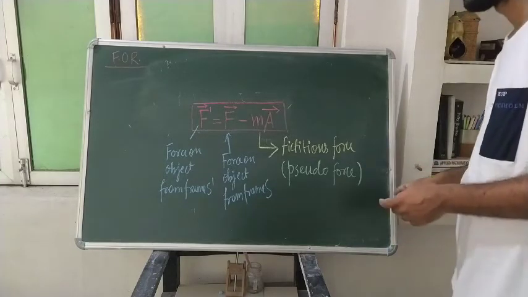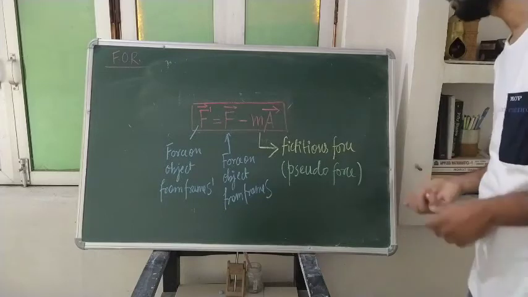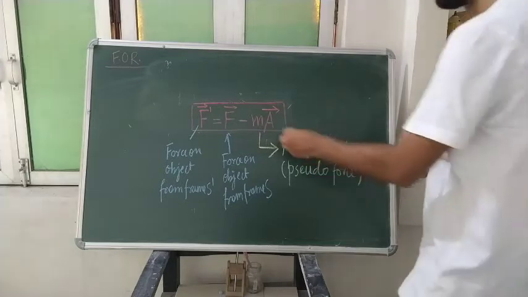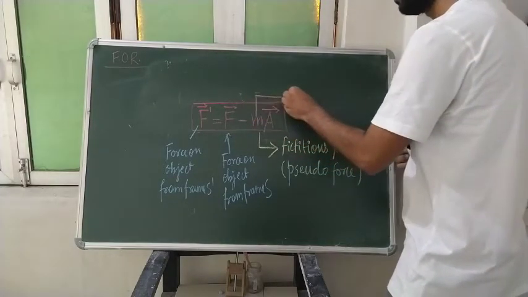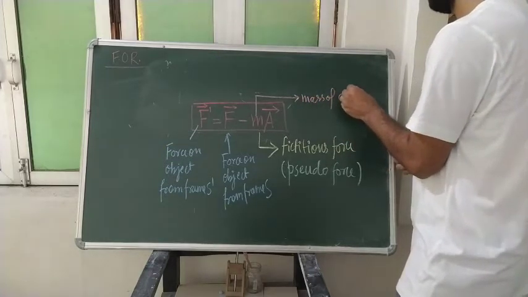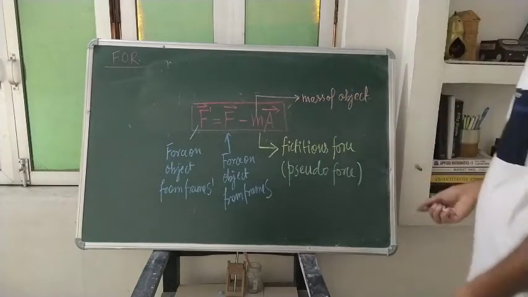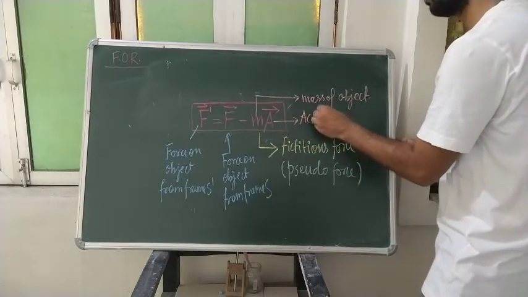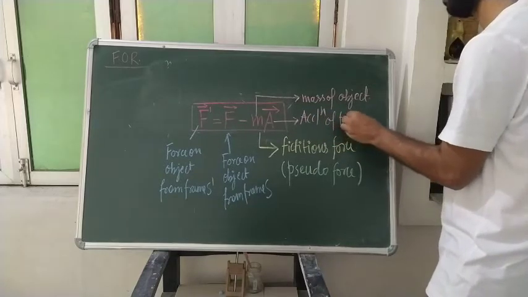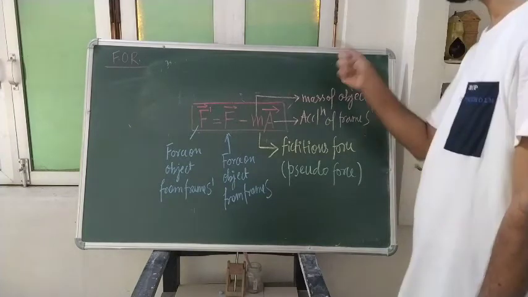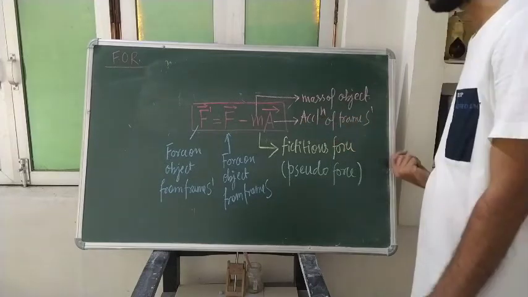So why we are saying this as our fictitious force? Here you are looking, this is representing the mass of object, isn't it? And it is representing the acceleration of frame S prime, isn't it?